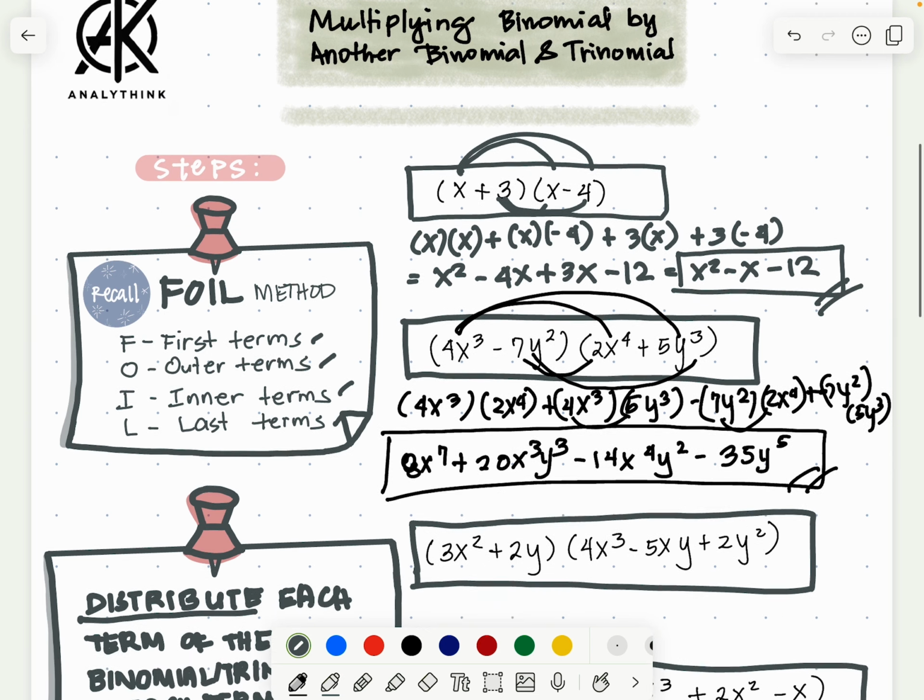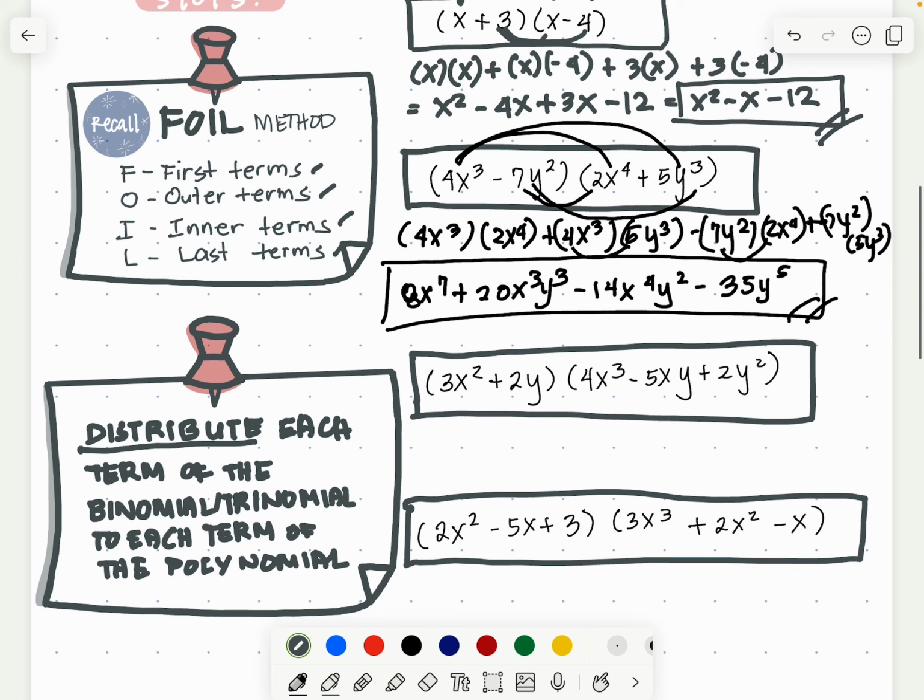Okay. So next is multiplying a binomial by a trinomial, or multiplying a trinomial by another trinomial. In this case, you still need to distribute each term to each term in the polynomial.